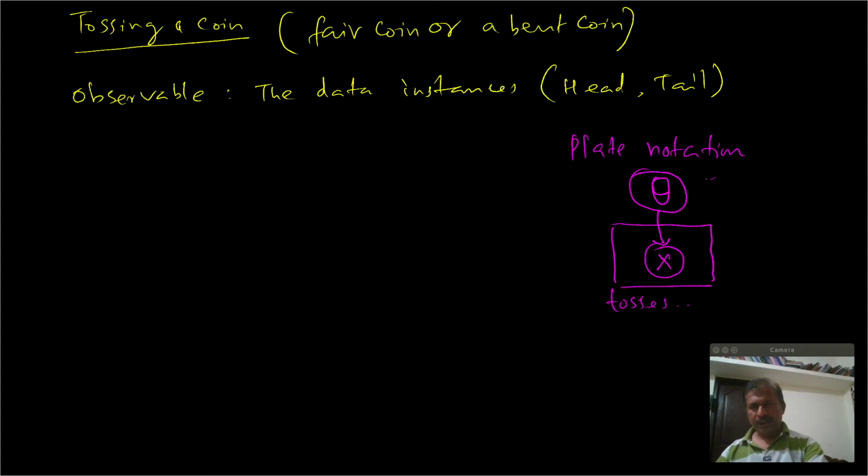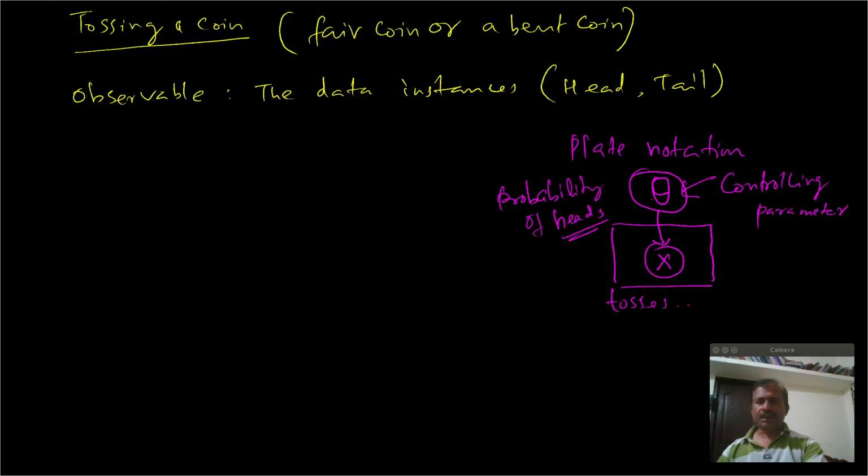This theta forms a controlling parameter, and basically this is the probability of heads.